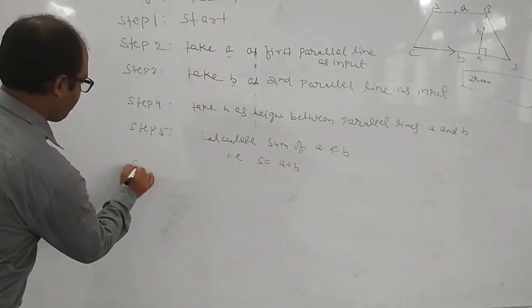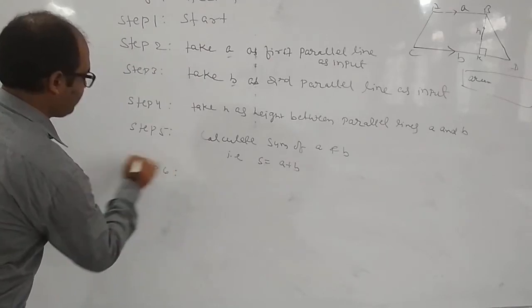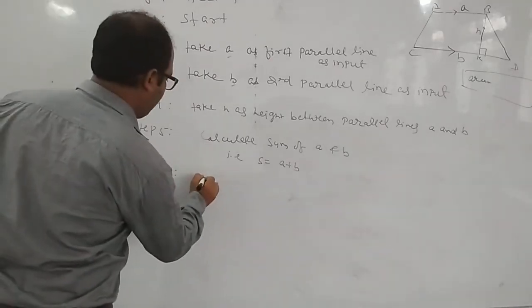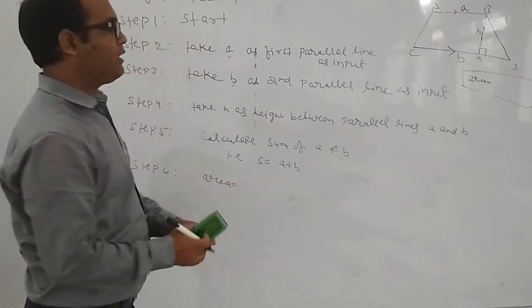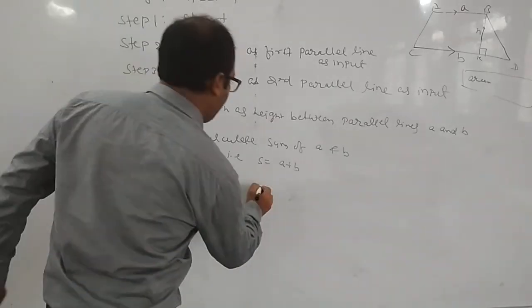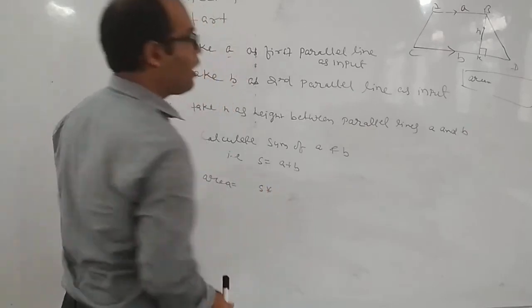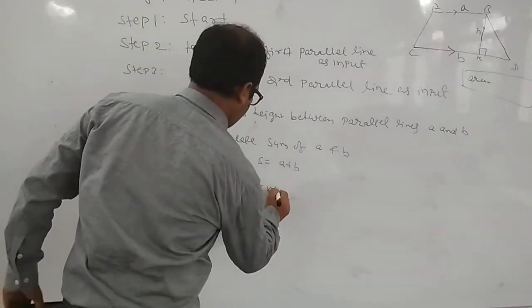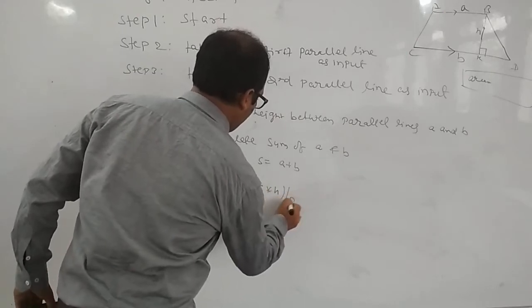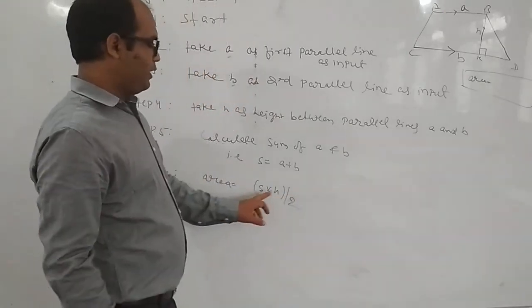Next, step 6. Area equals the sum of parallel sides, that is S, into height, the distance between the parallel lines H, divided by 2. This is the area: S into H by 2.